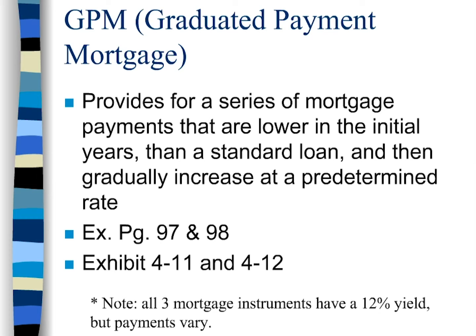The actual dollar amounts, if you look on page 98, Exhibit 411, look under the 12%, so you've been looking at 12% all the way through. You'll see that it starts with a graduated payment of $474.83, versus what would have been the constant payment of $617.